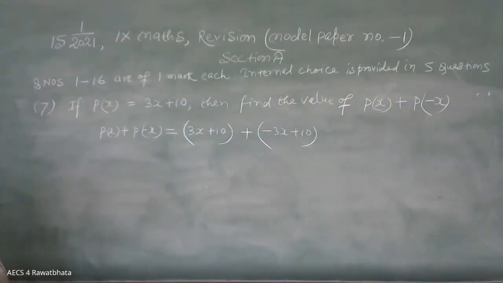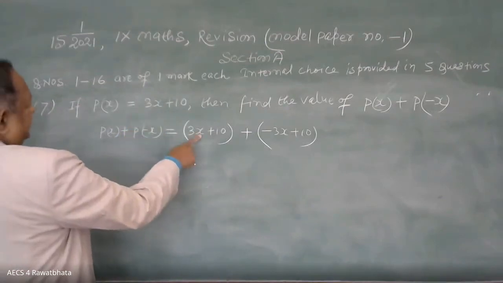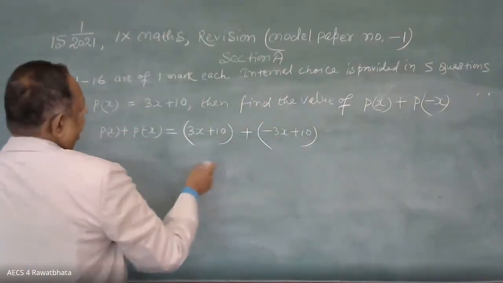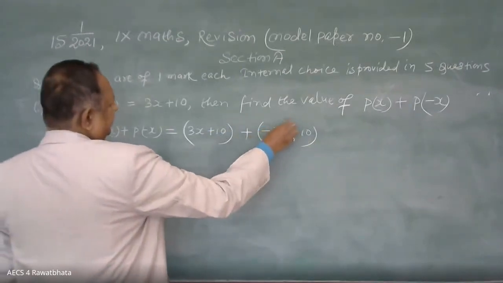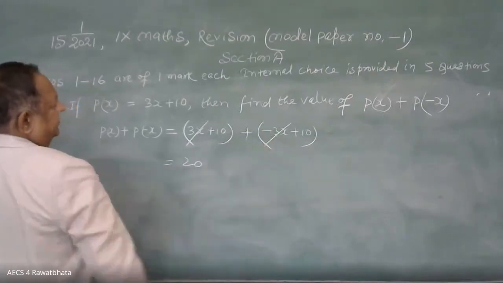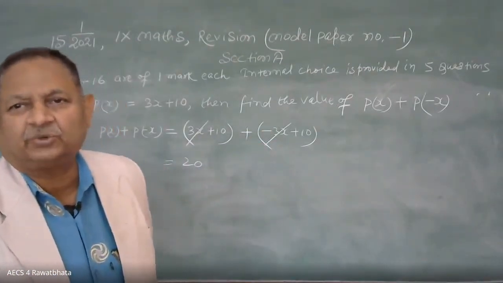So 3x plus 10 plus minus 3x plus 10, so this is cancelled. So 20 is the 10 plus 10. 20 is the correct answer. Your answer is 20.